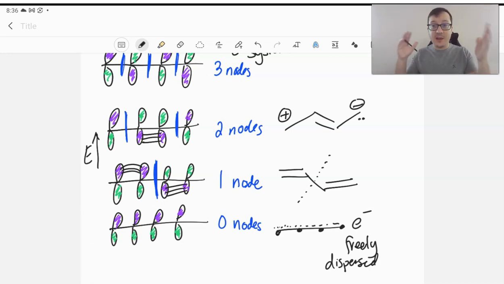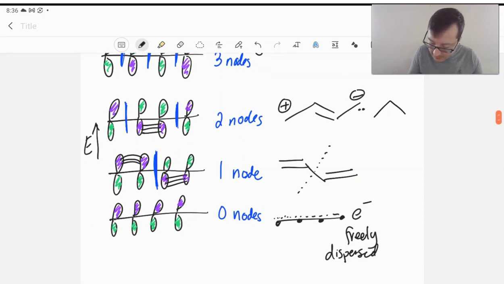But on either side, we have individual p orbitals. And we can consider this either as formal charges with a full lone pair, or we can have them as radicals. In either case, just a way of showing how the electrons are dispersed.